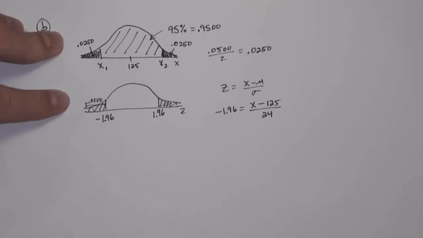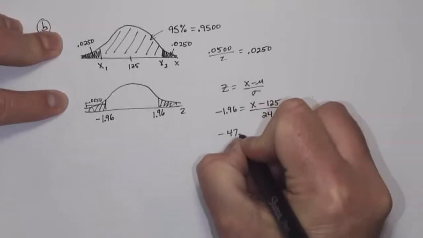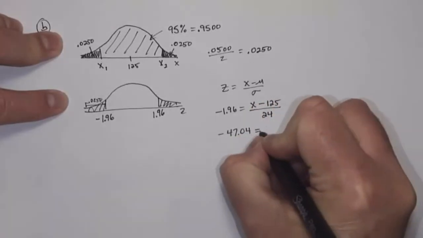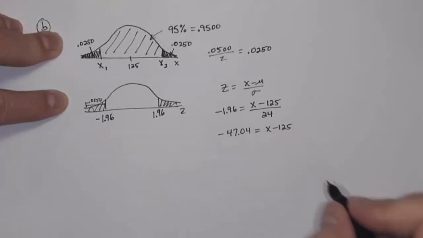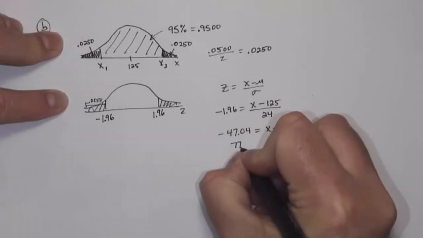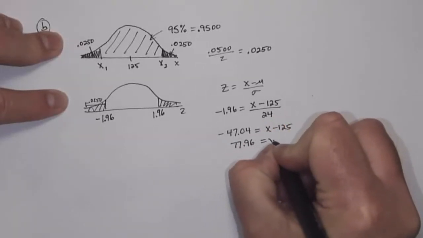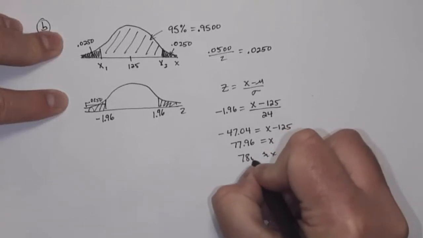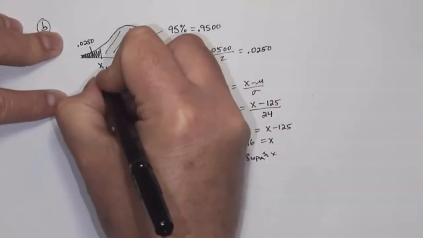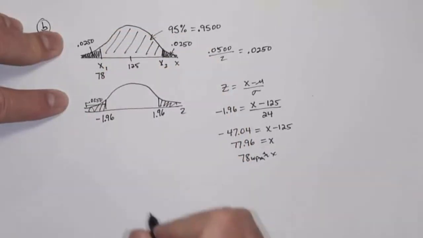Now, negative 1.96 times 24 is negative 47.04, and that's going to equal x minus 125. If we add 125 to both sides, then we get 77.96 equals x, so that is approximately 78 words per minute. So that would be this value here, about 78 words per minute.